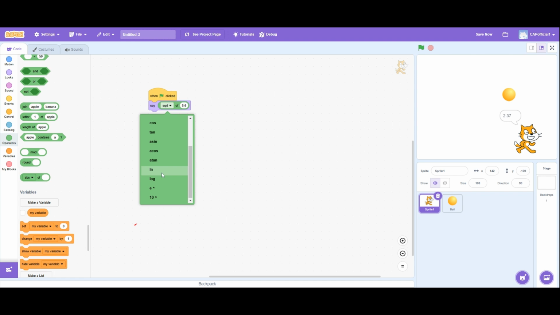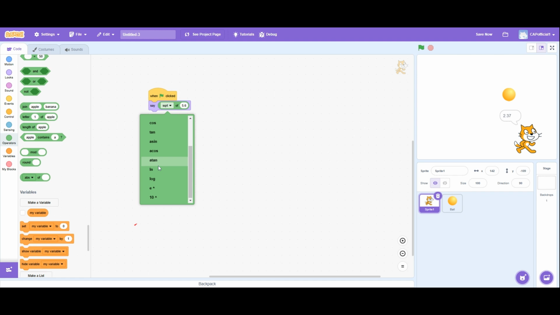Next we have ln, also known as natural log. So what the natural log does is that it calculates what the exponent is, meaning the number that you'd raise e to the power of.